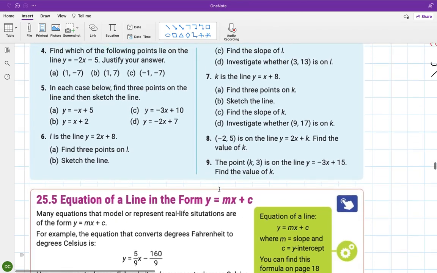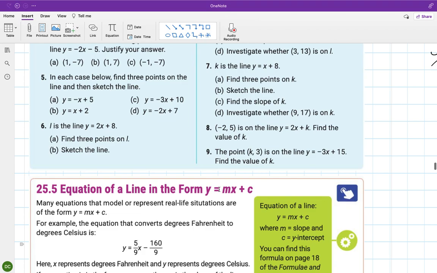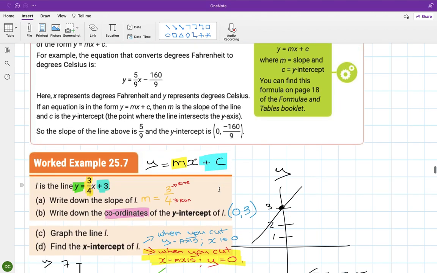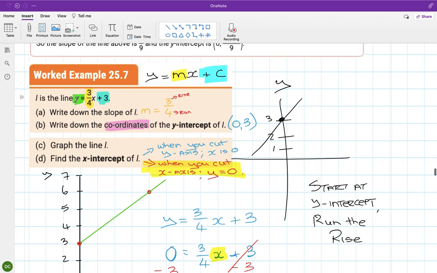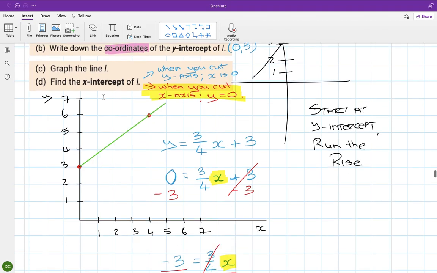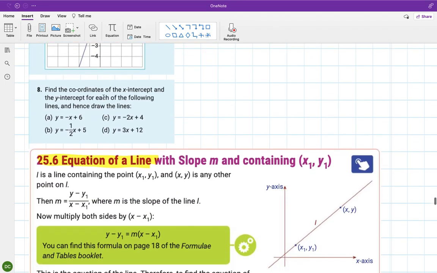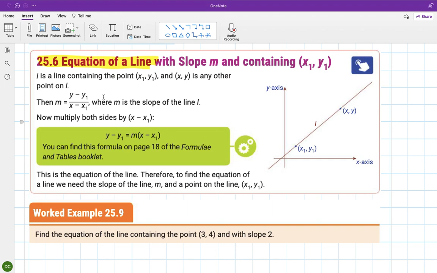I think we did one of them for homework as well, where you were given the equation of a line and you had to take information off it. And then the stuff we did yesterday, again, you're given the equation of a line, and I showed you how to get the slope, the y-intercept, and sketch the graph, and get the x-intercept and things like that. The ones we're going to do today are ones where you don't have the line.